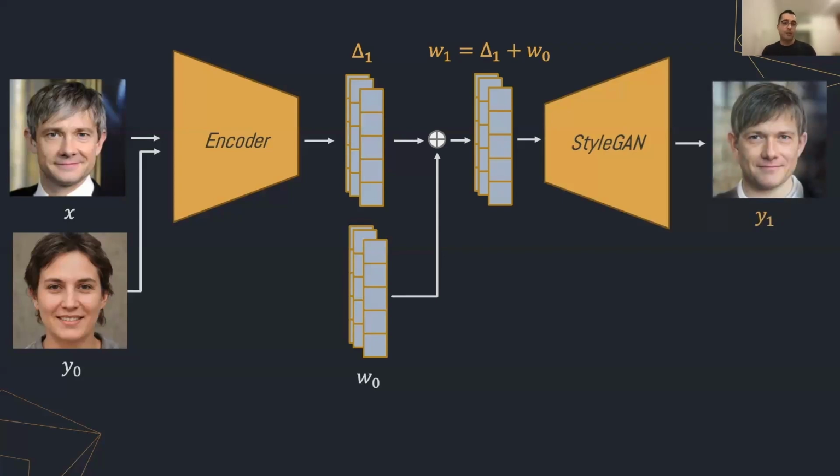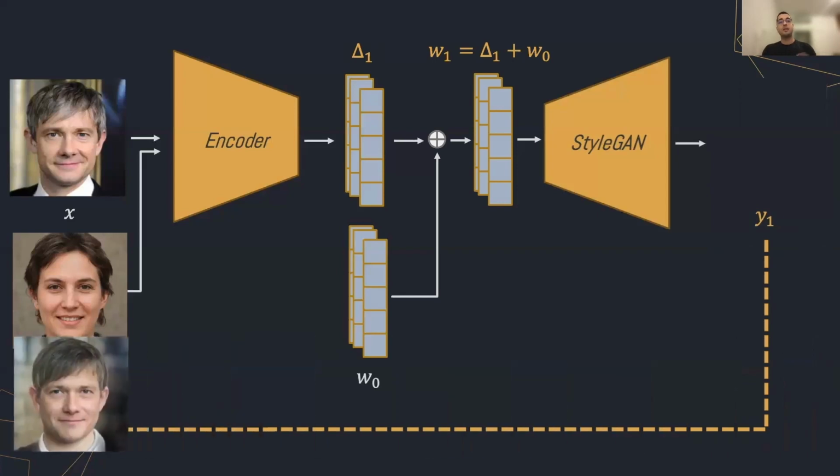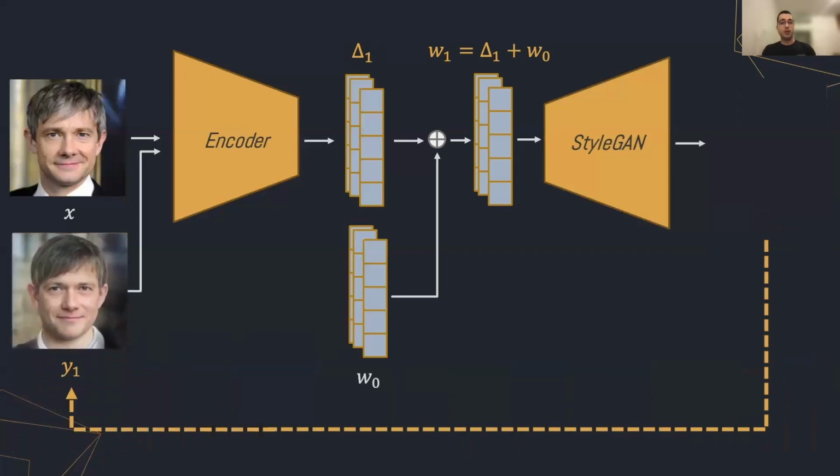And this is where the iterative refinement will come into play. What we're going to do is we're going to pass Y1 back as input to our encoder in the next iteration and set our current inversion prediction to be W1. Now, in the next iteration, we're going to take X and Y1 and pass them together to our encoder to obtain a new delta 2, now with respect to W1.